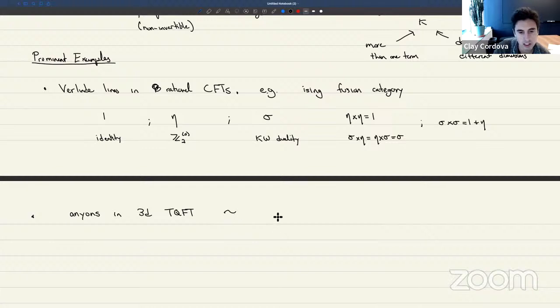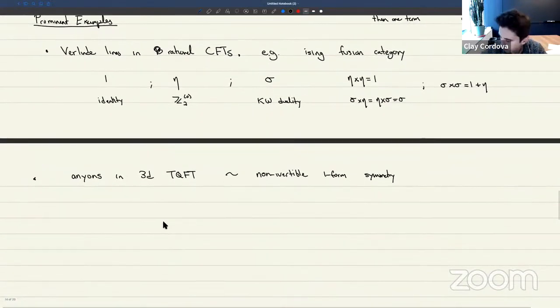And you could think that these are some kind of version of non-invertible one-form symmetry. After all, the one-form symmetries are the subset of the lines in the 3D TQFT that have the abelian fusion algebra. So here, you could think that the more general lines are just some non-invertible version of that. So those are some prominent examples.